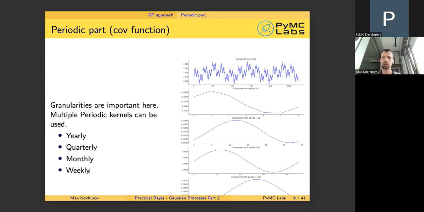Those are usually periods when people get their salary in the same part of the month, go shopping, spend their money, and change their behavior, or weekly, where people go from work to weekends, which also changes their behavior, and this pattern is repeated over and over again.